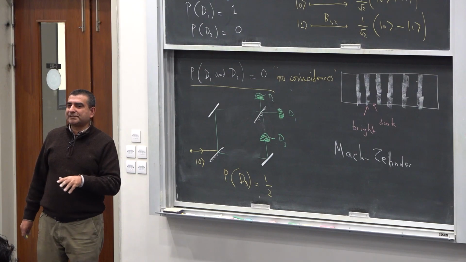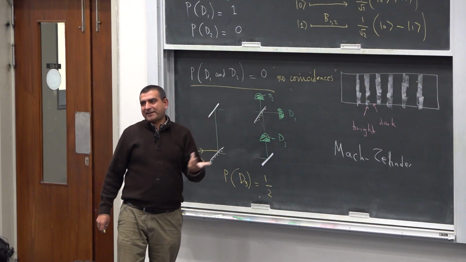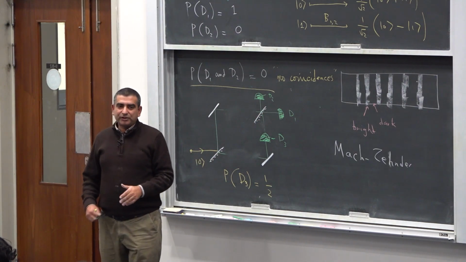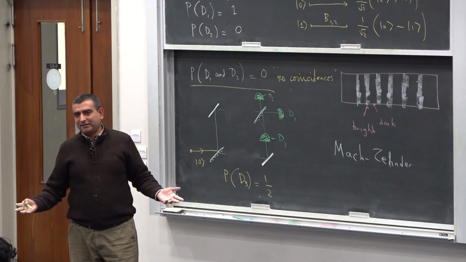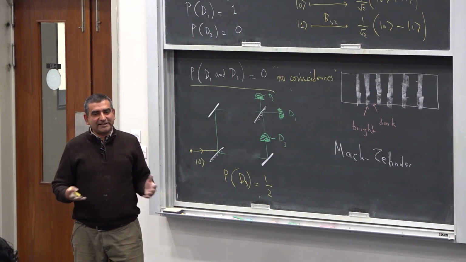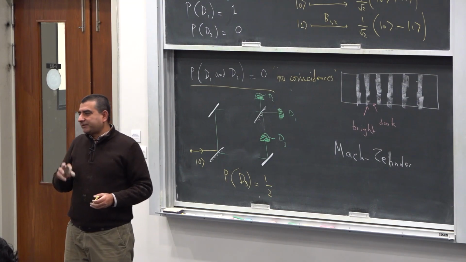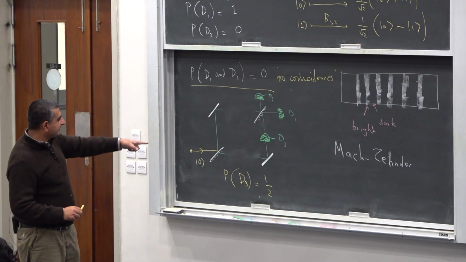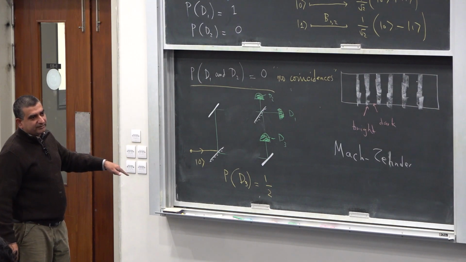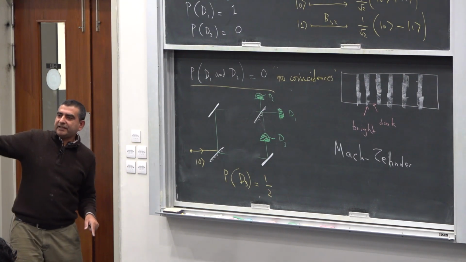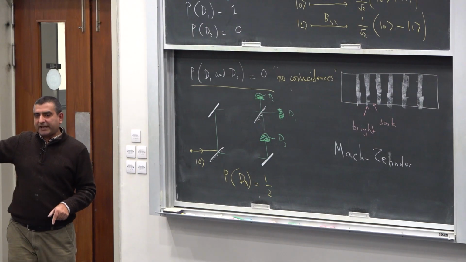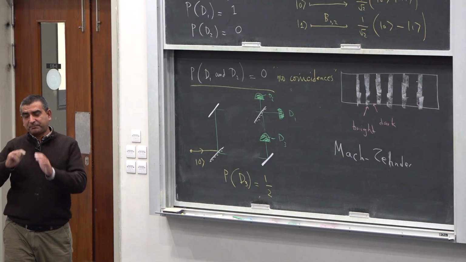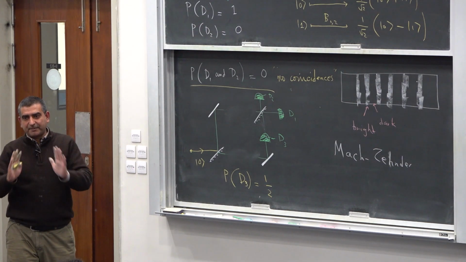Now when this happens, of course neither of the other detectors can click, because the photon has been destroyed. Its energy has already been captured by detector D3. So there's a 50% probability in this scenario that D3 clicks. And remember, when D3 clicks, neither D1 nor D2 click. And there's a half probability that this happens.